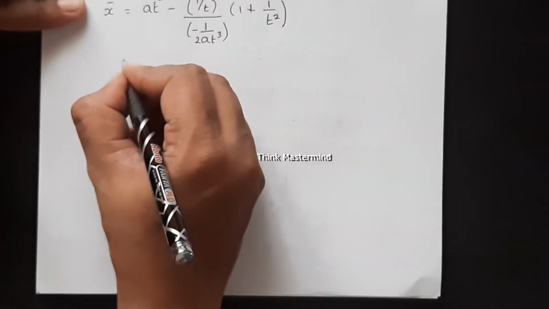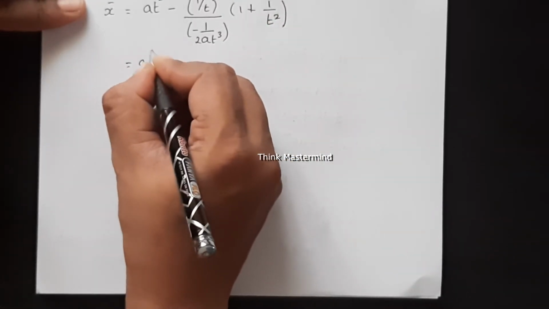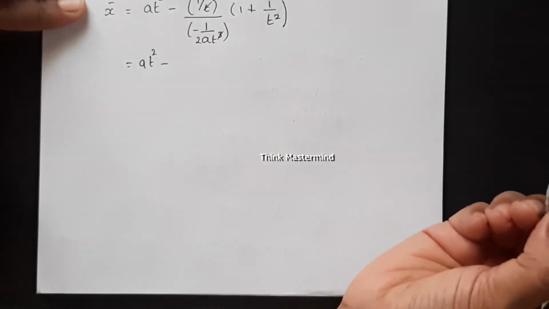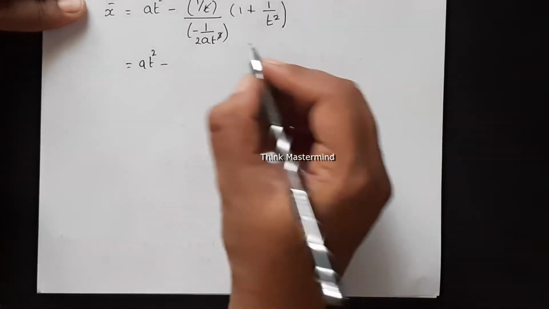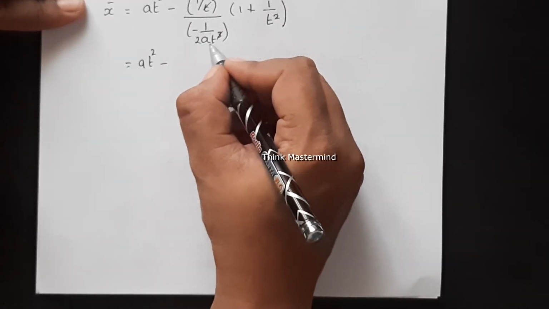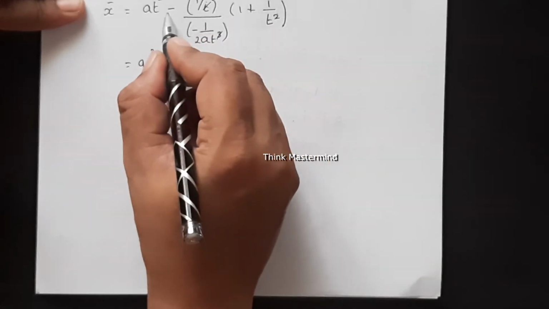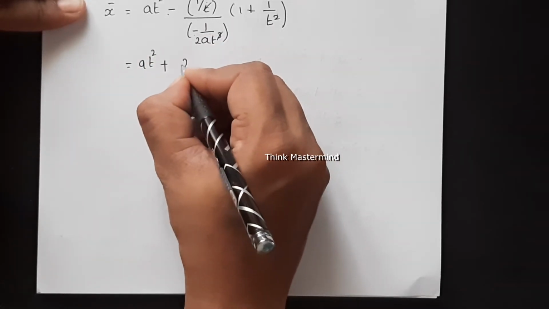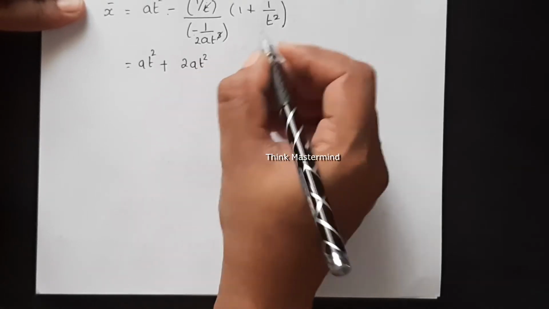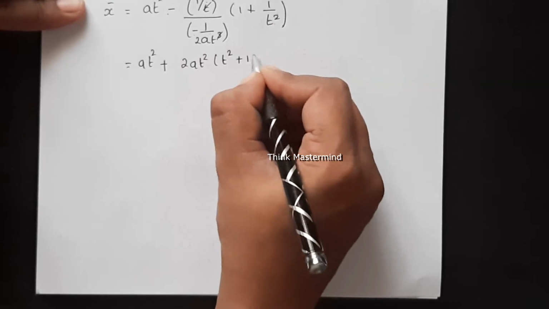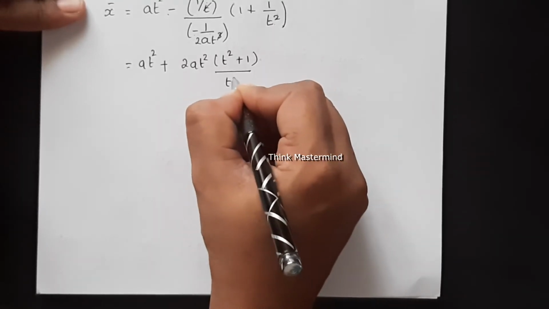Now simplifying this, a t squared minus, so this t and the power of t cube, one t is cancelled, and taking the remaining denominator of the denominator into the numerator, minus into minus is plus, therefore it becomes 2at squared, and taking the LCM, t squared plus 1 divided by t squared.